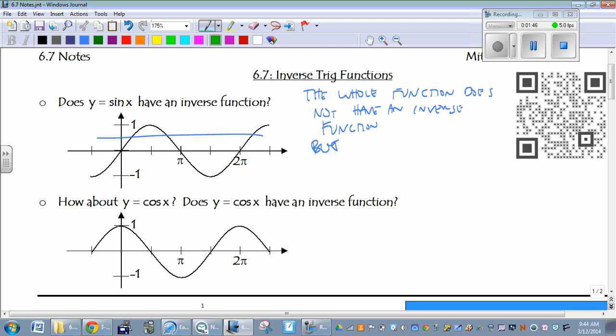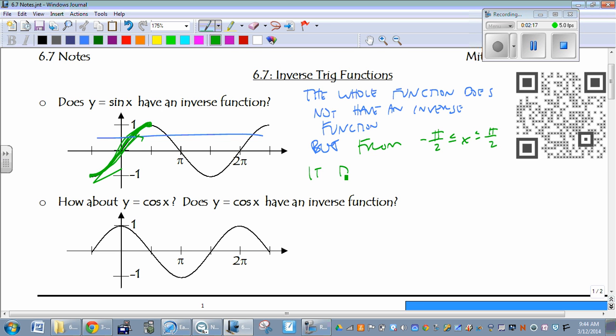If we look at sine from negative pi over 2 to pi over 2, this little part of the graph, that part passes the horizontal line test and has an inverse function. So we just look at part of the graph for the inverse sine, from negative pi over 2 to pi over 2.